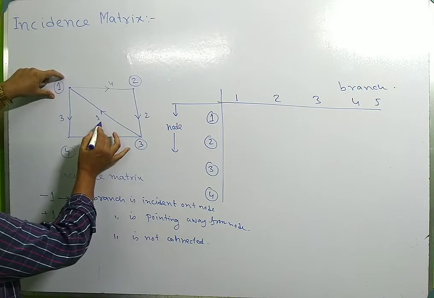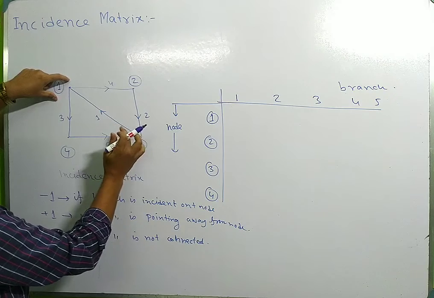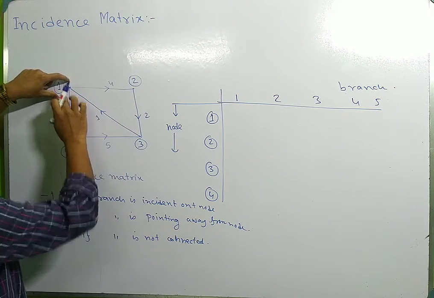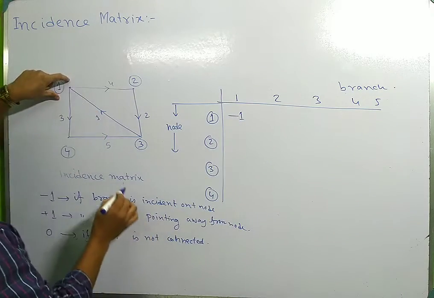So this is branch 1. Branch 1 is incident into this node, so it will be minus 1.